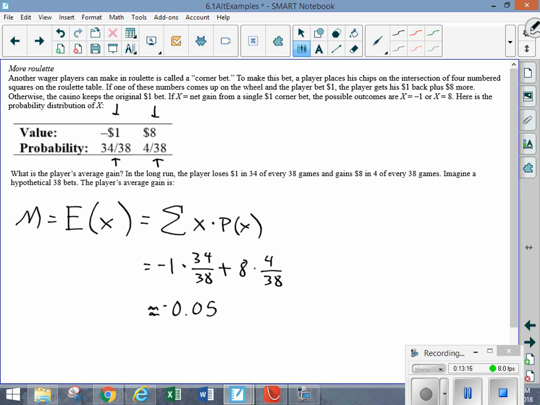So that's it. So how do we interpret this? We're going to interpret this as we would expect that in the long run, if we played repeated games of roulette and we made $1 bets, we would expect to, on average, lose about 5 cents, which is not terrible, considering that you can lose a lot more money gambling.